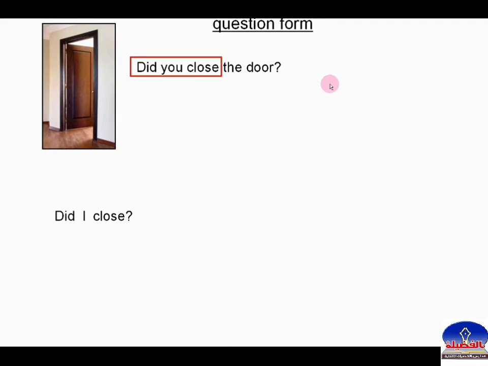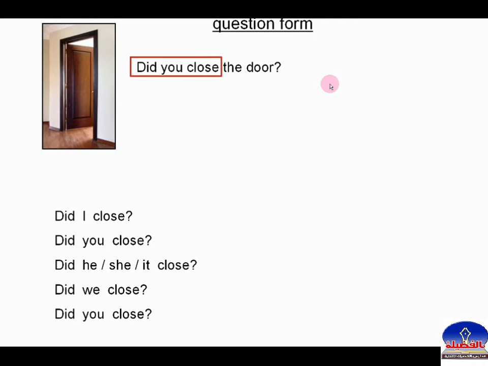The question form. Did you close the door? This is the question form. Did I close? Did you close? Did he, she, it close? Did we close? Did you close?